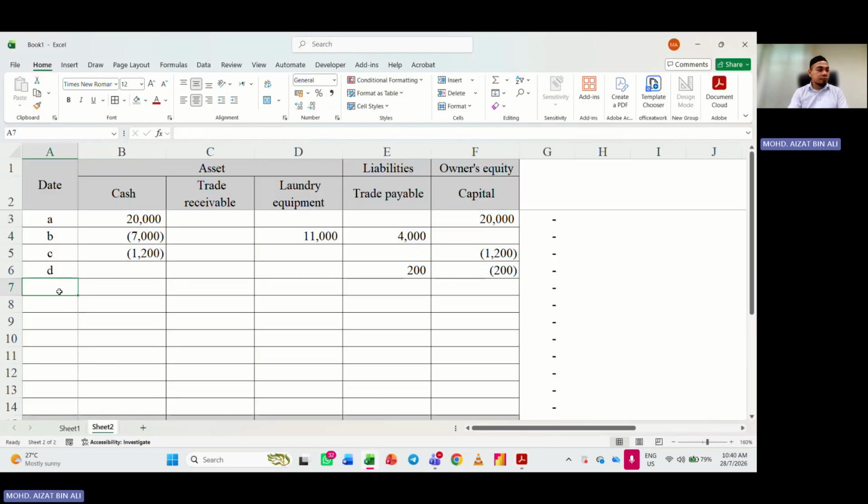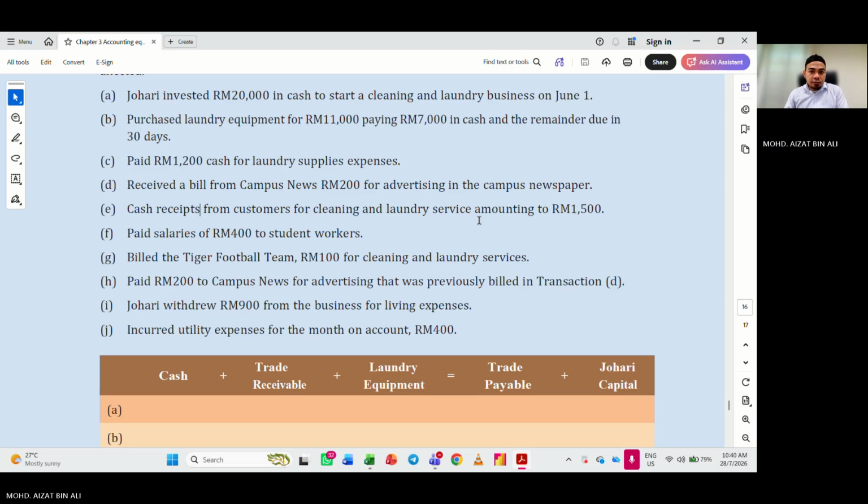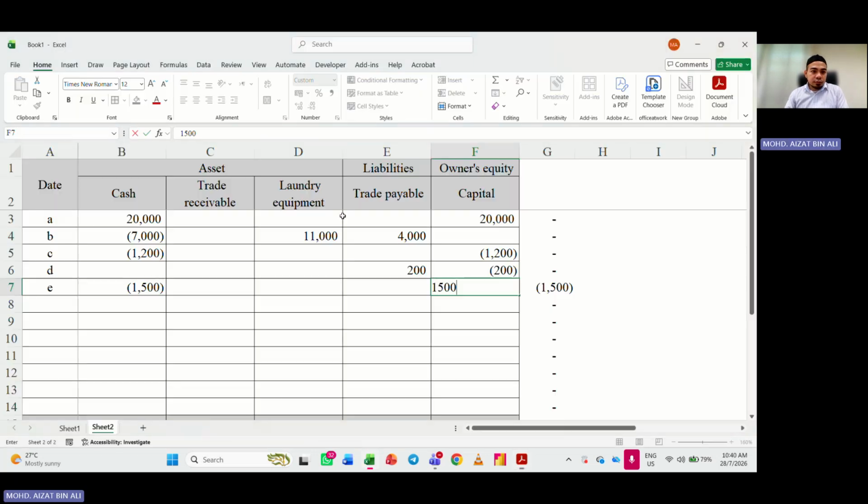Okay, so E, cash 1,500 ringgit and owner's equity, okay, through sales revenue or service revenue increased by 1,500 ringgit. Sorry, this one should be positive.